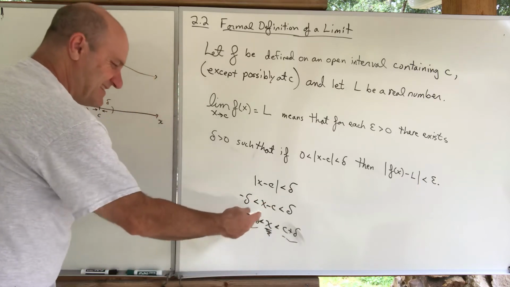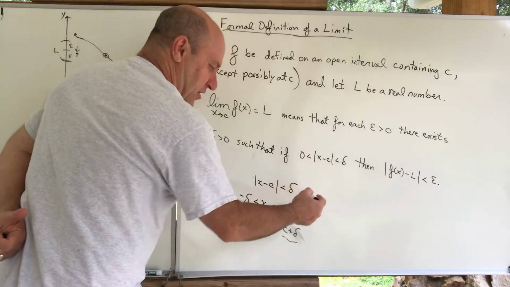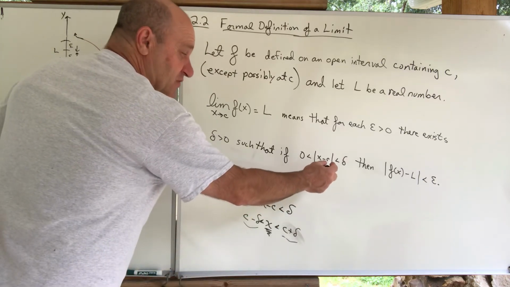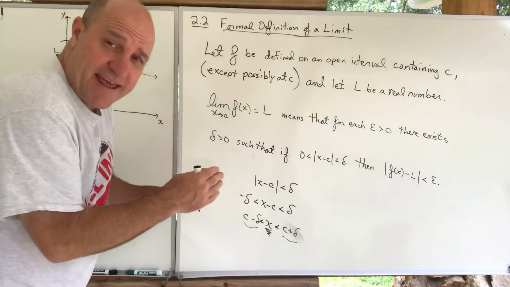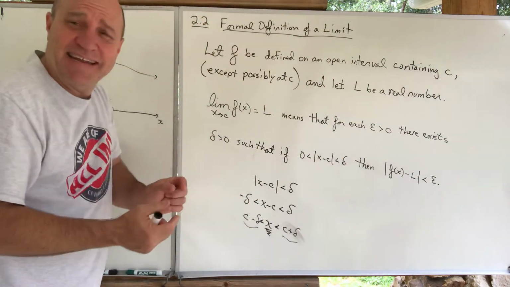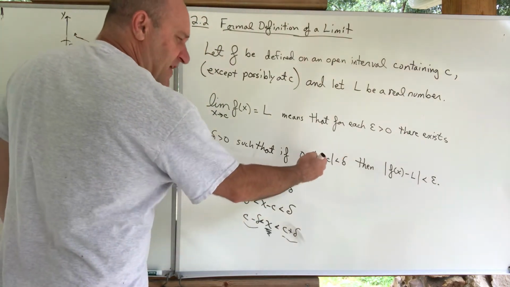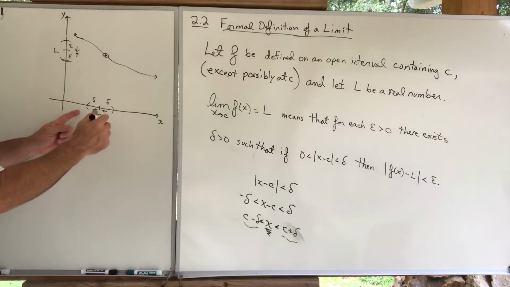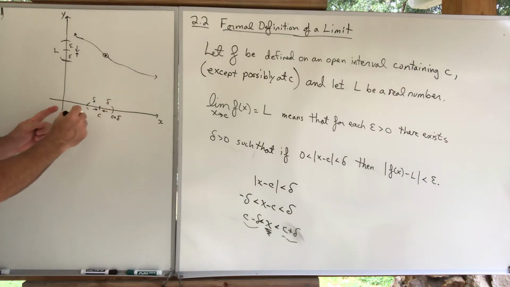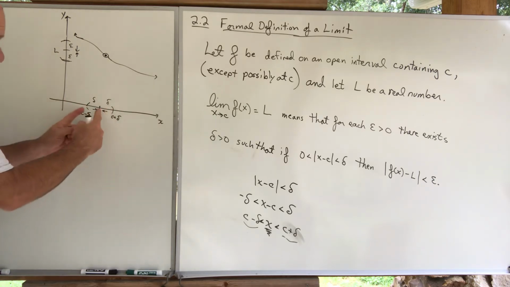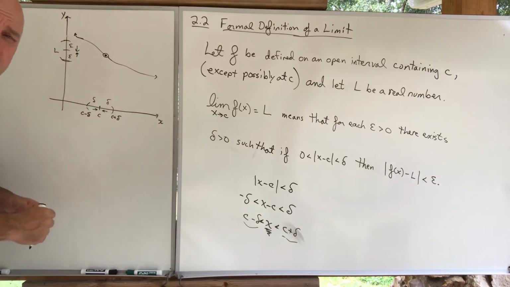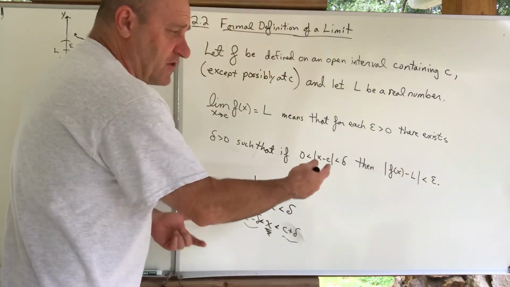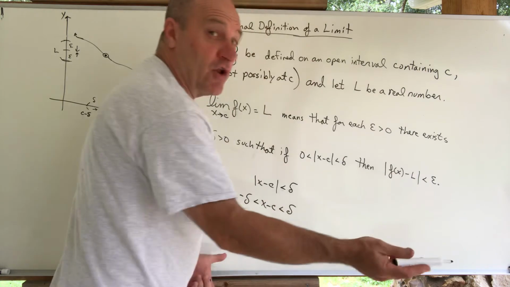So that's a shorthand way of saying that. When x gets really, really close to c, how close to c? Within delta. What's delta? Some teeny little number. So if x is really, really close to c, within delta of c, so over here is c plus delta, over here is c minus delta, x is within there, it's getting real close to c, then the same idea: the function is really close to L. How close to L?